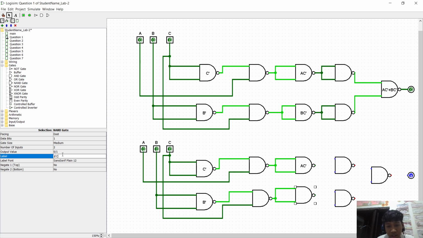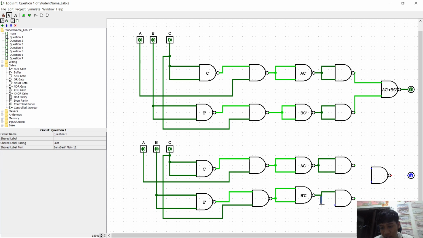And then after that, we will be connecting it to the next NAND circuit. And this NAND circuit will serve as the OR, NAND as OR. And then we will be placing it here and here.